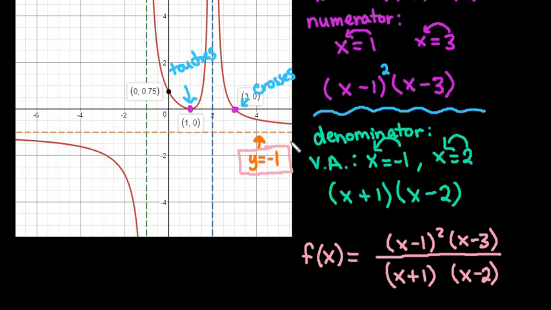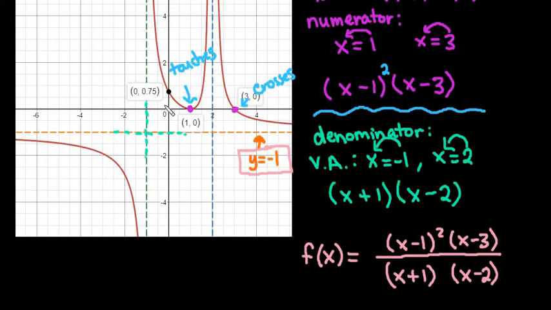The way that you tell whether it has an even or an odd multiplicity is you look at the horizontal asymptote and the vertical asymptote. Since we have a vertical asymptote here and a horizontal asymptote here, if I look at my two graphs, they are on opposite sides of my horizontal asymptote.